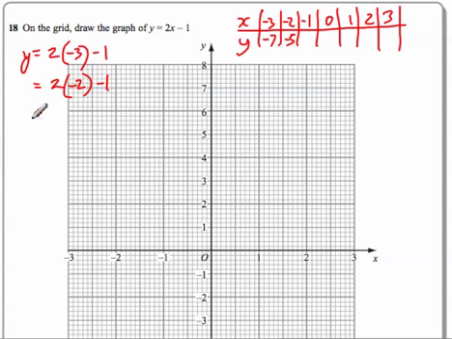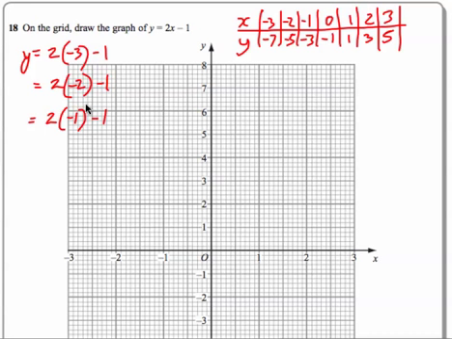The next one will be 2 times -1 minus 1, which will be -2, -1 is -3, and so on. And if we keep doing that, we'll find that we actually get that.